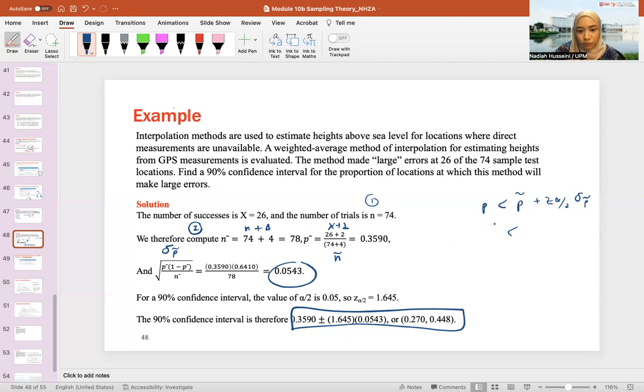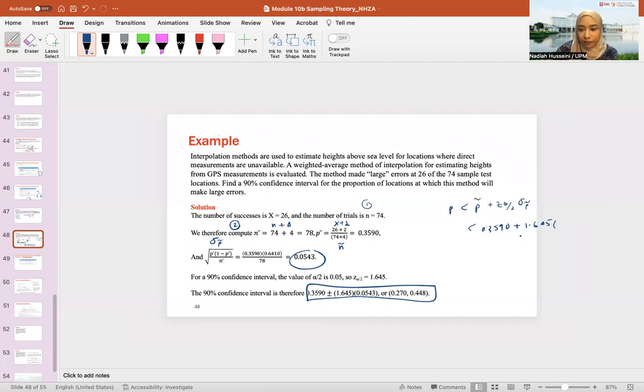So this would be 0.3590 plus Z alpha over 2, which is 1.645, times the standard deviation for your P modified, which is 0.0543. Same case over here: P modified minus this term.